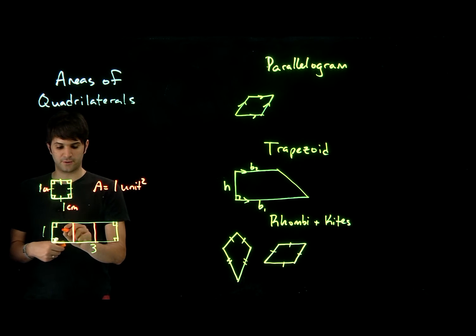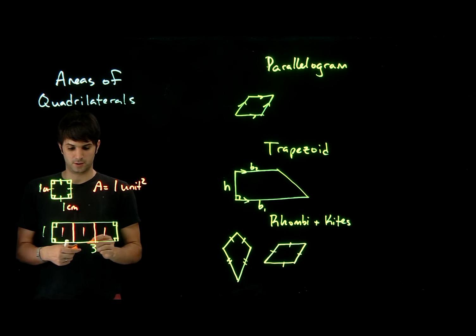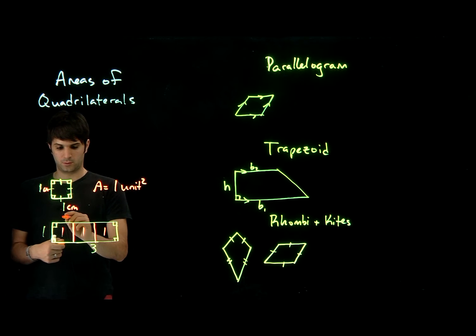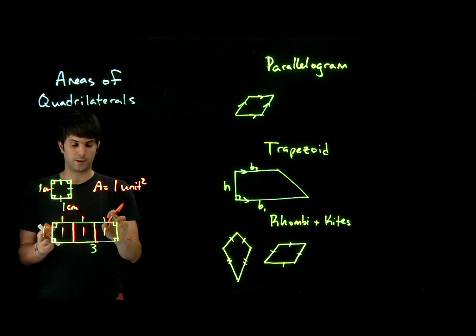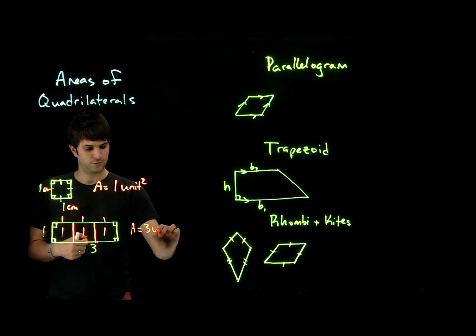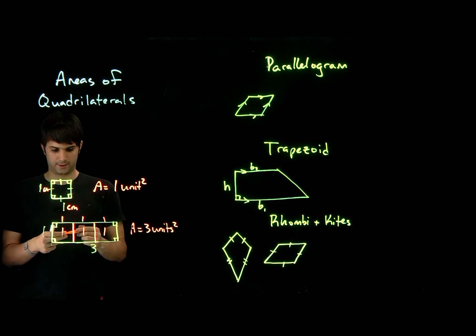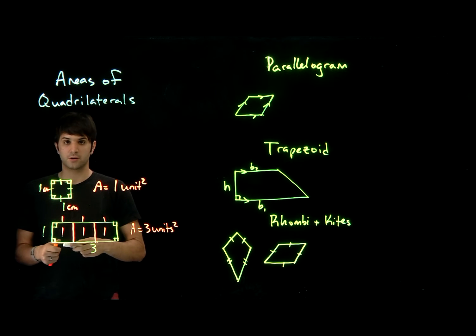Now we know that the area of this is 1, the area of this is 1, and the area of this is 1. So 1 by 1, 1 by 1, and 1 by 1. So the area of this is going to equal 3 units squared.